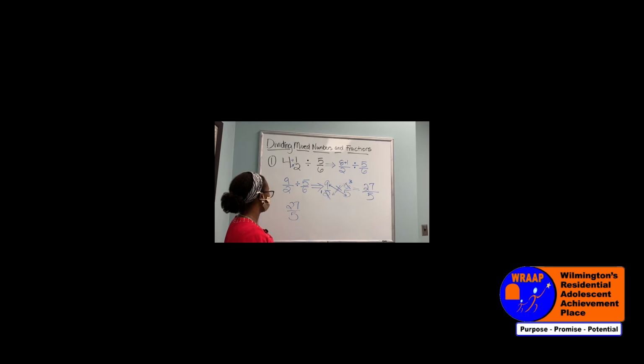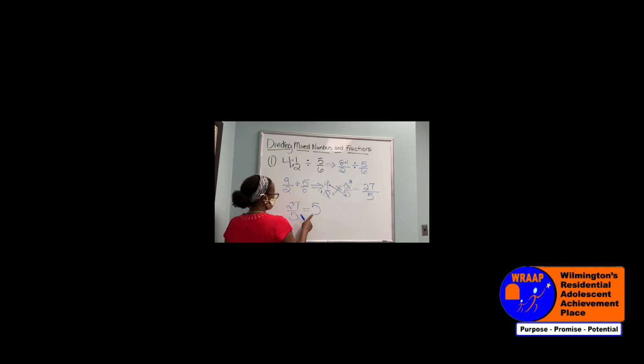So I'm going to ask, how many times does 5 go into 27? And we don't have an even number that we can say, so it's not going to be a whole number answer, okay? But we do know that 5 times 5 is 25. So 5 can go into 27 at least 5 times, right?